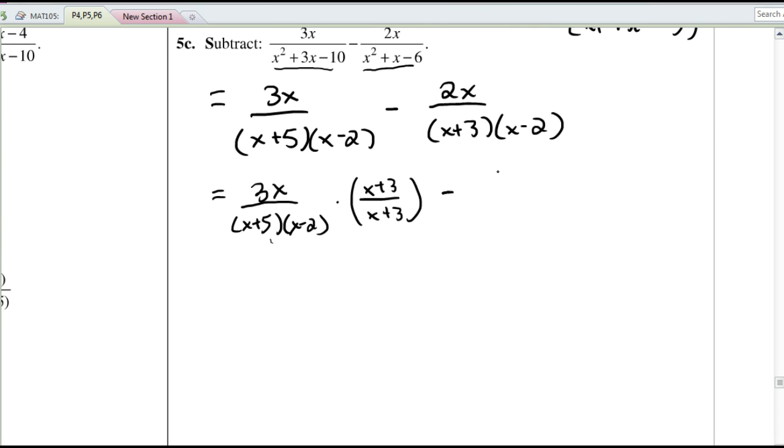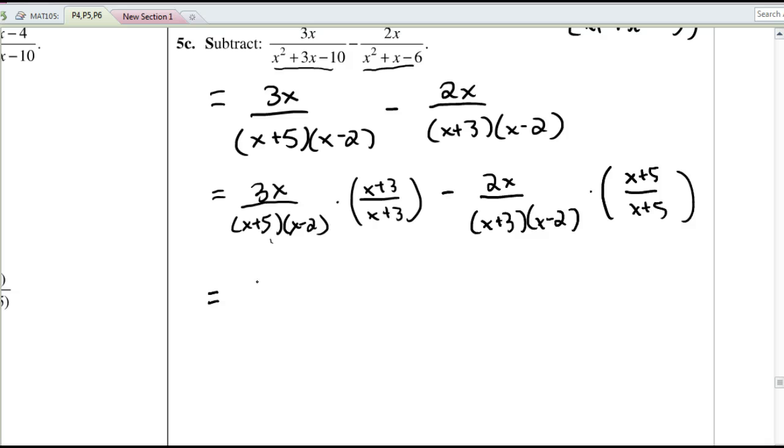We have minus 2x over x plus 3, x minus 2, and we multiply by x plus 5 over x plus 5. So we end up with 3x, again just write them next to each other, and we'll combine later.